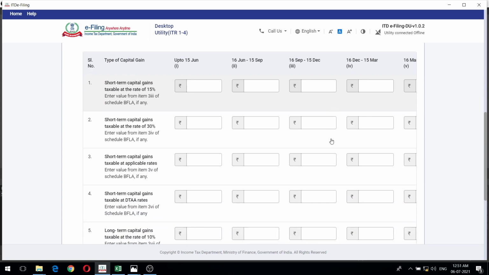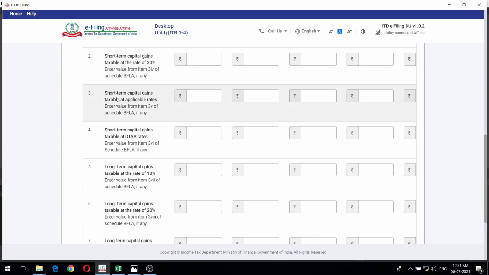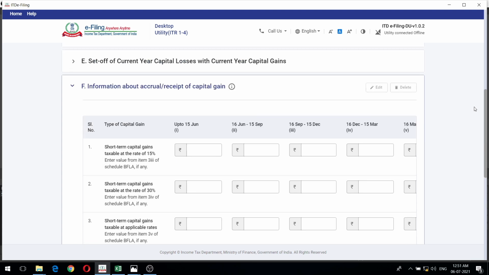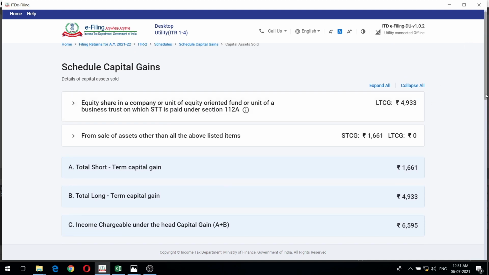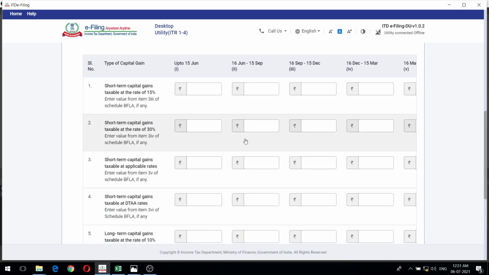In our case the short term gains are as per the applicable rate, so row number 3 is applicable for us, and here you need to quote this one, 4933. How did you earn it across this year, in which quarter, how much did you earn?